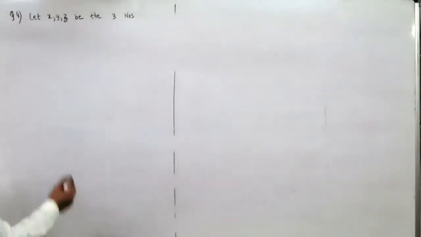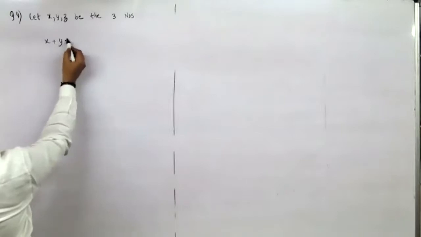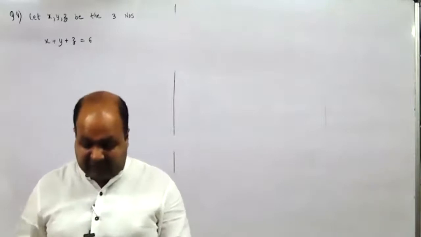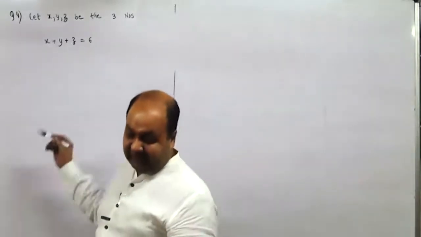Sum of three numbers is 6. So x plus y plus z equals 6. If we multiply the third number by 3 and add it to the second number, we get 11.